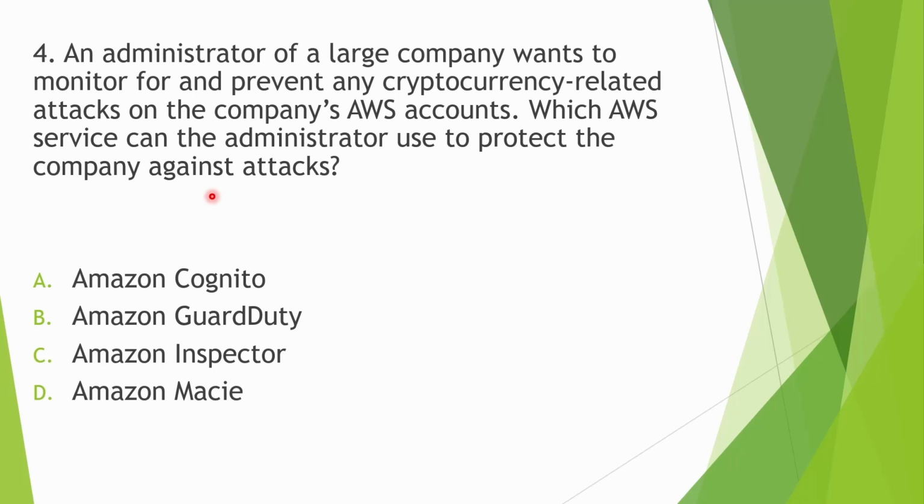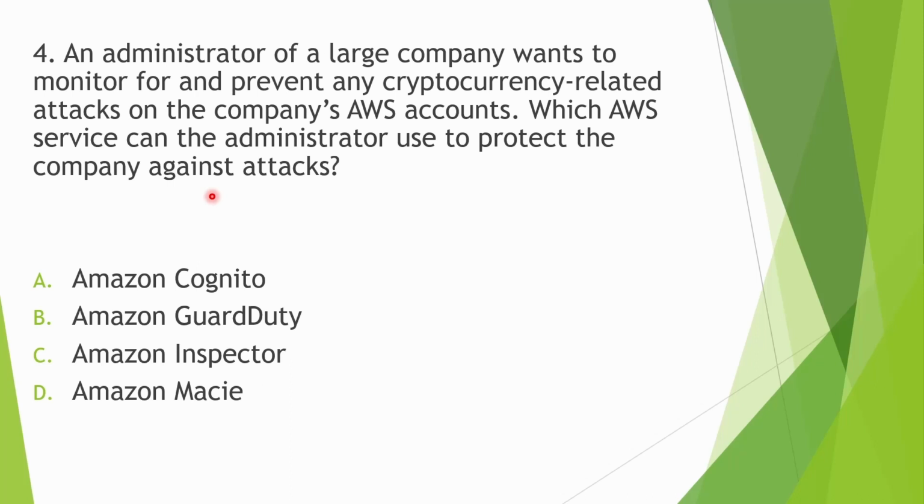It is related to authentication, authorization, and user management. GuardDuty is related to attacks in a way: it is a continuous security monitoring service that analyzes and processes data resources such as VPC flow logs, CloudTrail data event logs, management logs, and DNS logs.